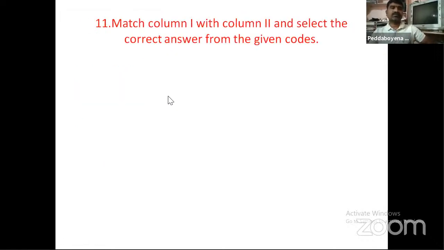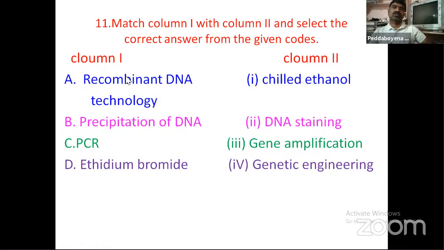Next, match column 1 with column 2 and select the correct answer from the given codes. Column 1 and column 2 are about recombinant DNA technology, chilled ethanol for precipitation of DNA, and PCR.